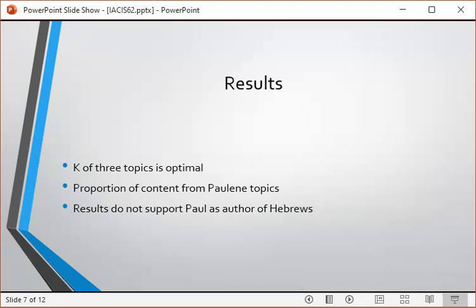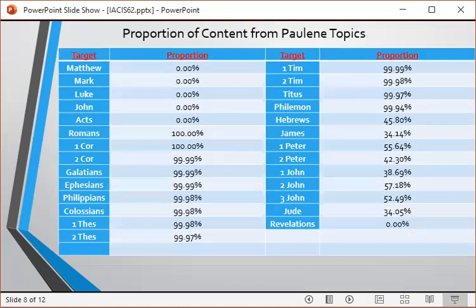Next, the target book, and each book in turn is the target book, uses the topic model for a posterior analysis that shows the topics associated with that book. For each book, the percentage of Pauline topics in its topical structure is shown in this particular table.